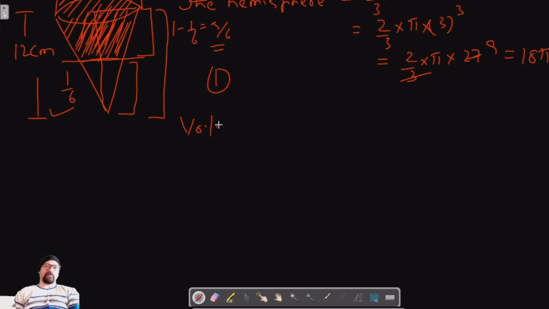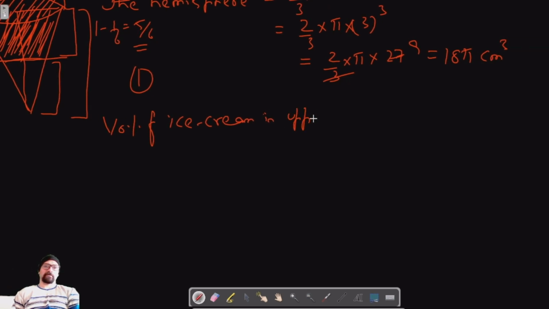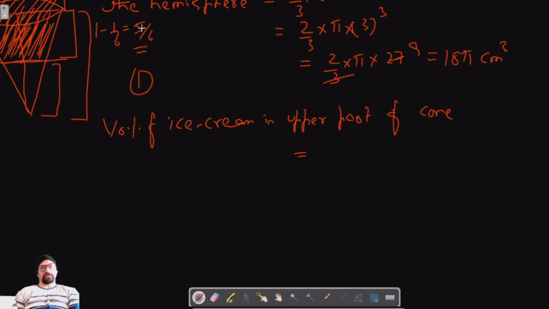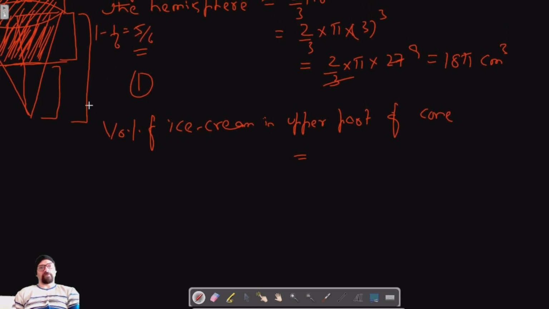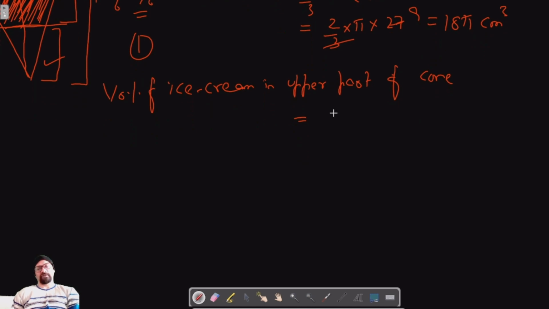So volume of ice cream in upper part of cone, because lower part is unfilled. So upper part, it is 5/6 of the volume. If the lower part is 1/6, the upper part is 5/6.